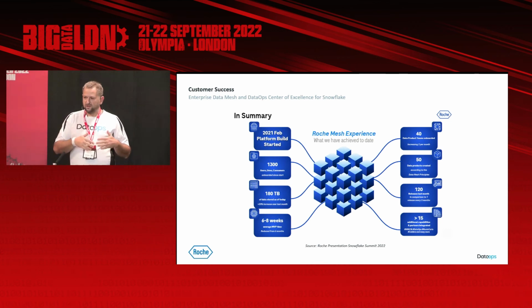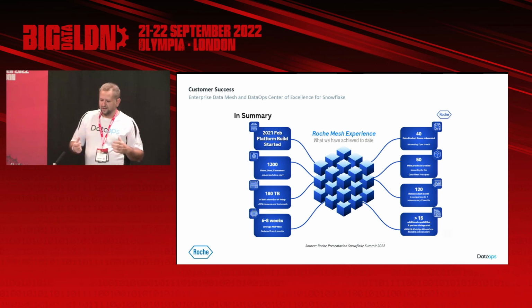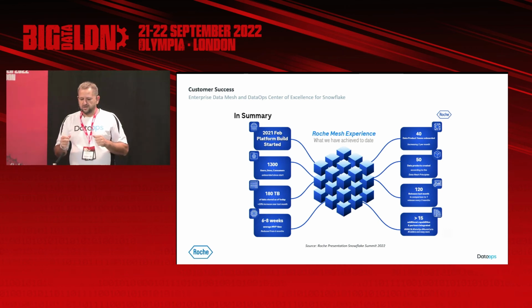So usually it would take them over 3 months just to deliver one data product, right? Because they didn't have all that automation, they didn't have all that governance, all of that control. By employing DataOps, what they're now able to do is deliver 120 data products per month. So that is a huge improvement in productivity.